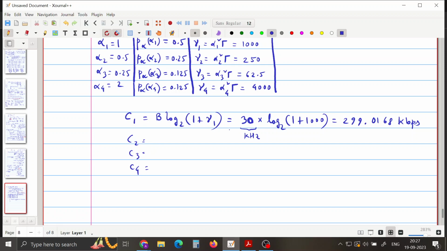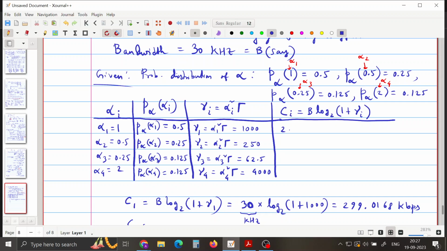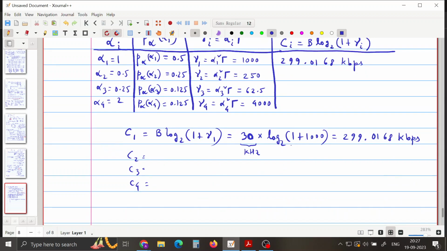First value C1 was 299.0168 kbps, C2 you will find 239.1463 kbps, C3 you will find 179.66 kbps, and finally C4 would be 358.9843 kbps. I'll just write them down here as well.